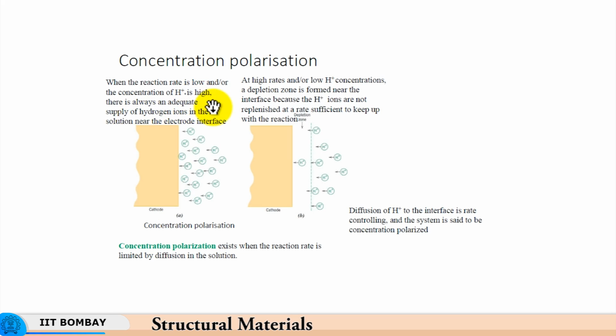So, if the concentration of H plus is high for some reason, say you have deliberately added some mixed chemicals which will give a large concentration of H plus ions, or very few electrons are being generated, meaning the anodic corrosion is happening so slowly that very few electrons are generated, and they are not enough to combine with so many ions.